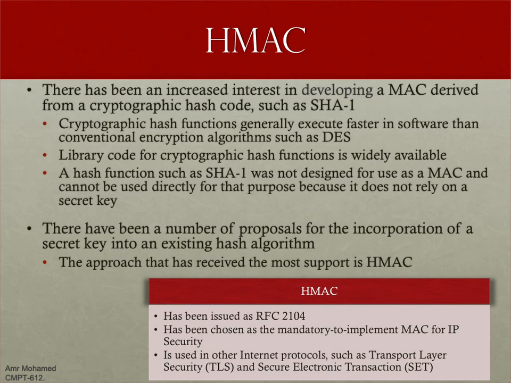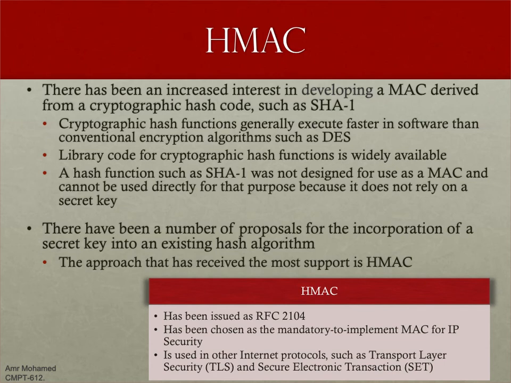So HMAC uses the hashing and uses the key or the secret value, as we have discussed before, to produce the hash or message digest based on the original message and the secret value.